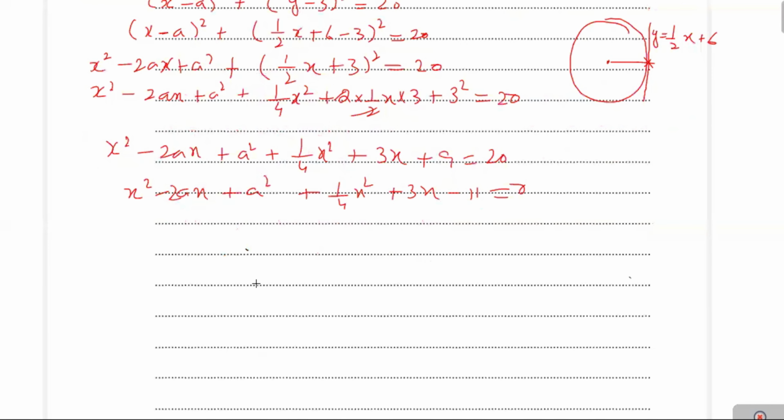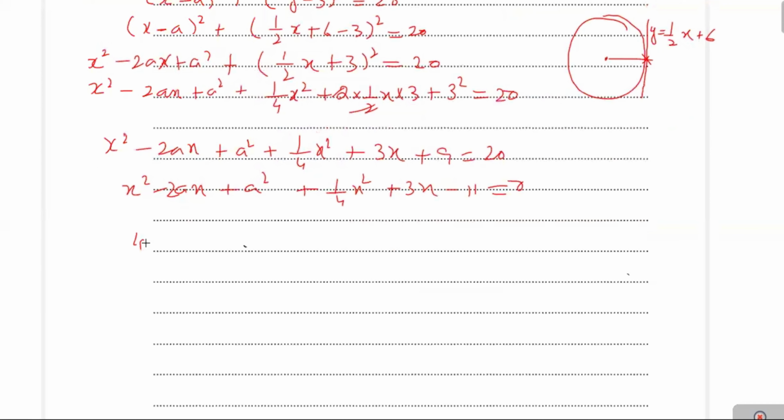Now we multiply by 4, we get 4x square minus 8ax plus 4a square plus x square plus 12x minus 44 equal to 0.